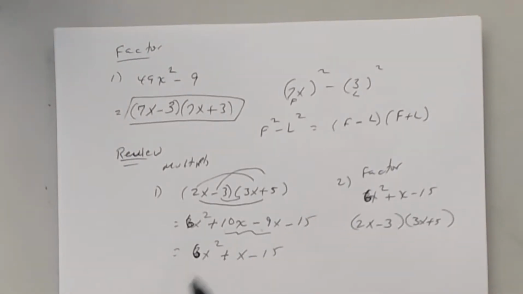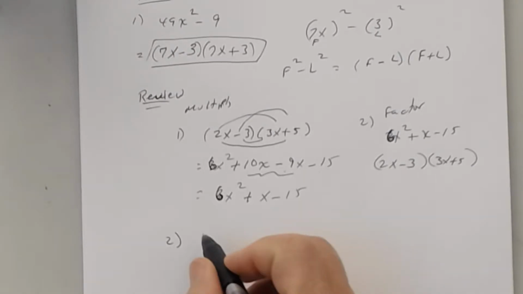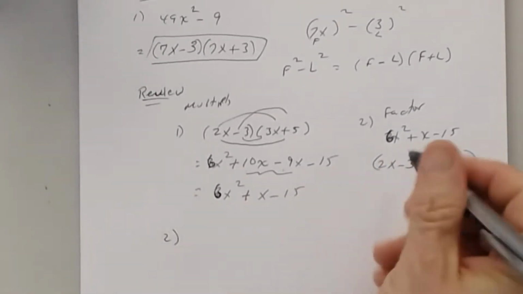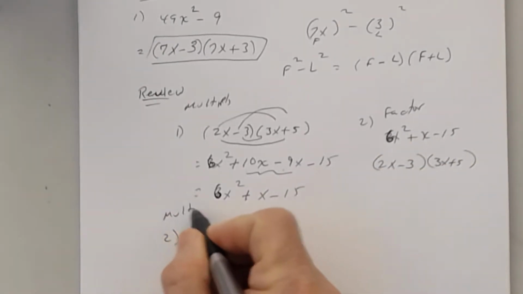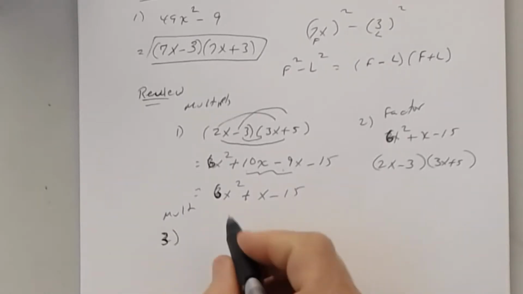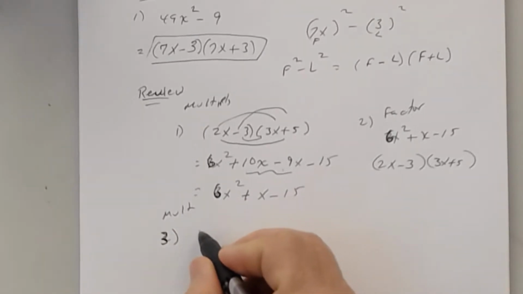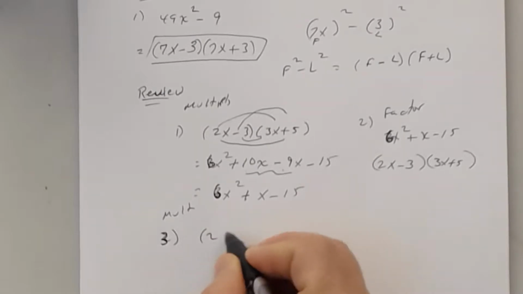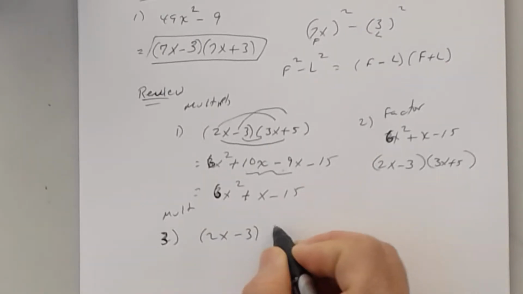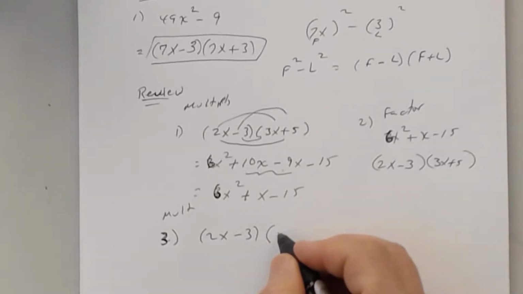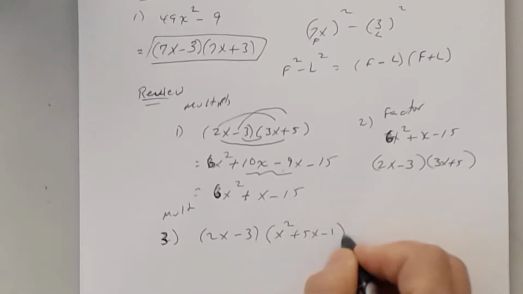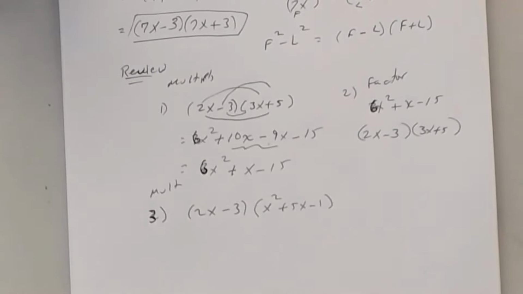Now, what if you had this? What if in number 3 you're asked to multiply 2x minus 3 times x squared plus 5x minus 1? How would you multiply that?